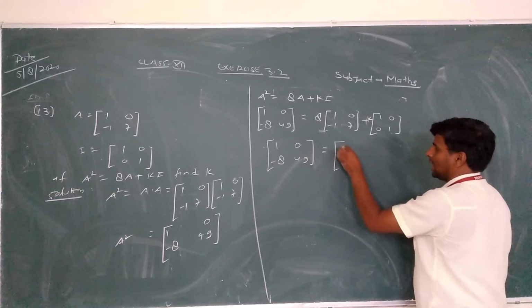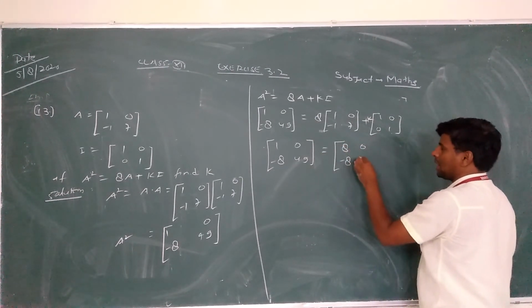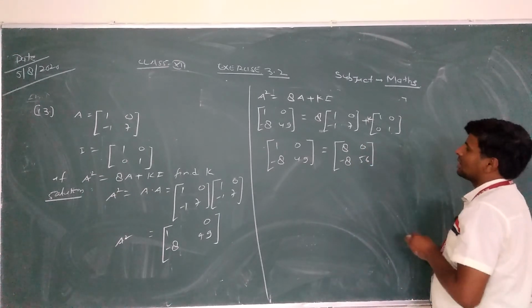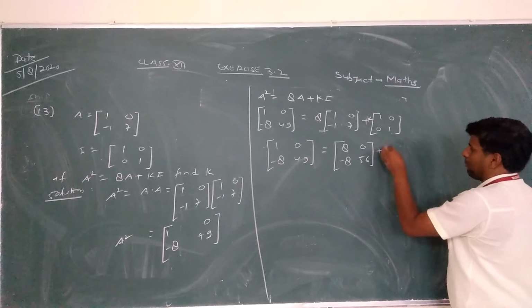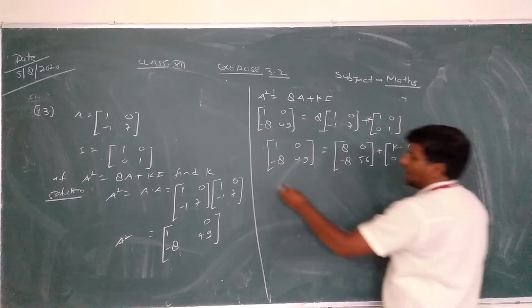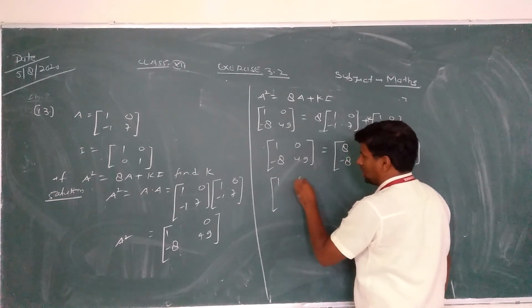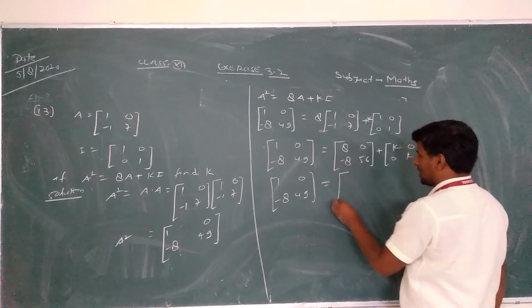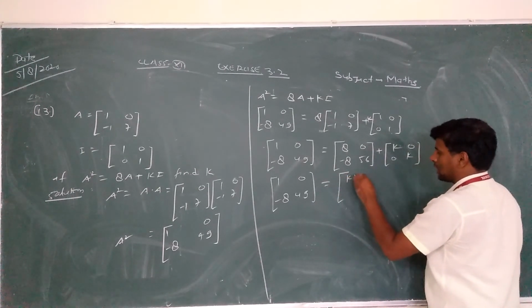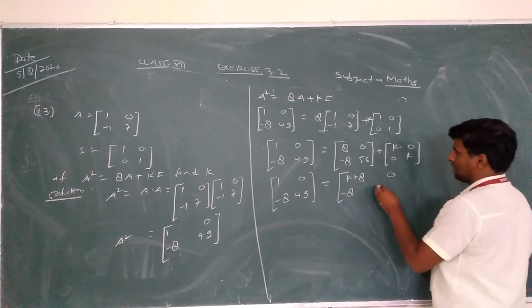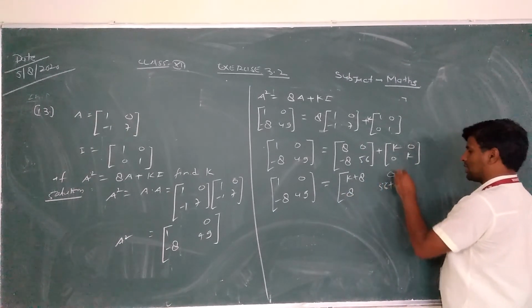Multiply them: 8, 0, minus 8, and 7 eights are 56, plus k [k, 0; 0, k]. In RHS, simplify: k plus 8, 0, minus 8, and 56 plus k.